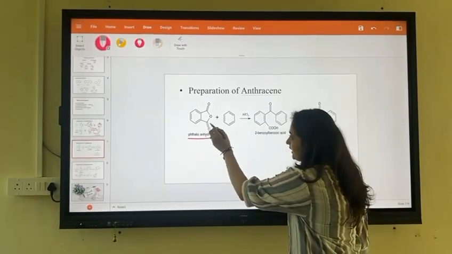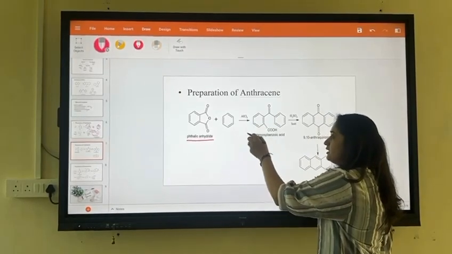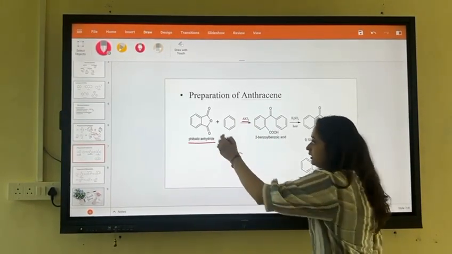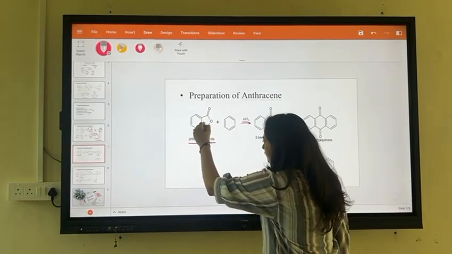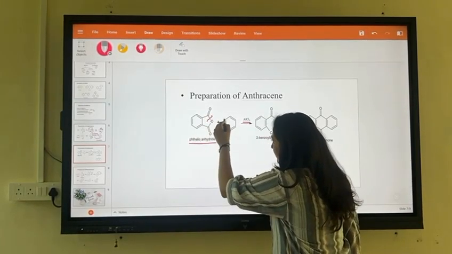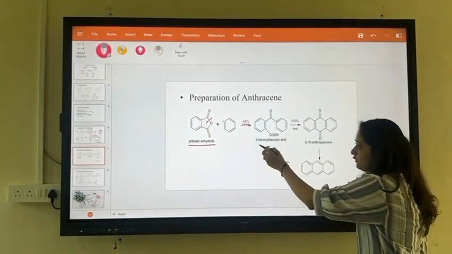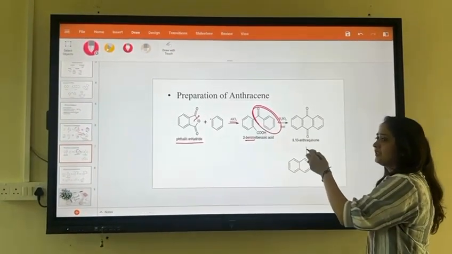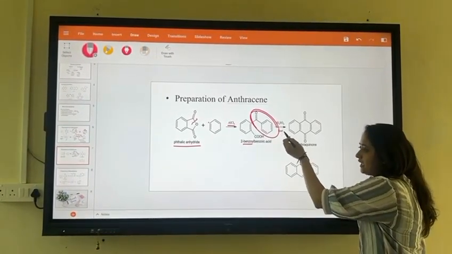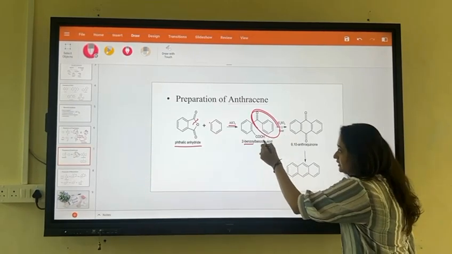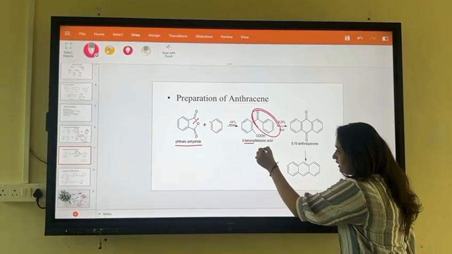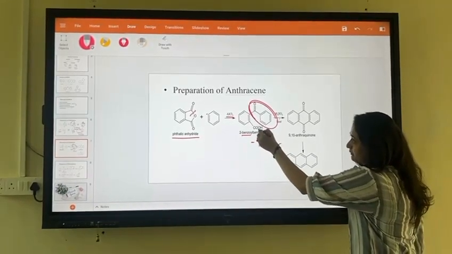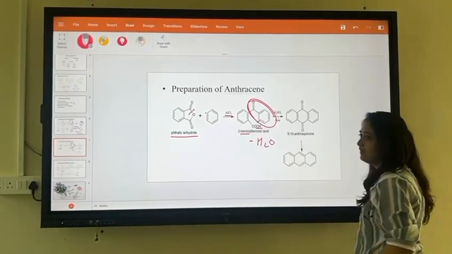Phthalic anhydride is reacted with benzene in the presence of aluminium chloride for the acylation step. The acyl group from the phthalic anhydride is attached to the benzene ring to give 2-benzoyl benzoic acid, which undergoes the cyclization reaction in the presence of sulfuric acid and heat. The cyclization happens by eliminating one mole of water, from one OH of the benzoic acid and one H plus from the benzene ring.